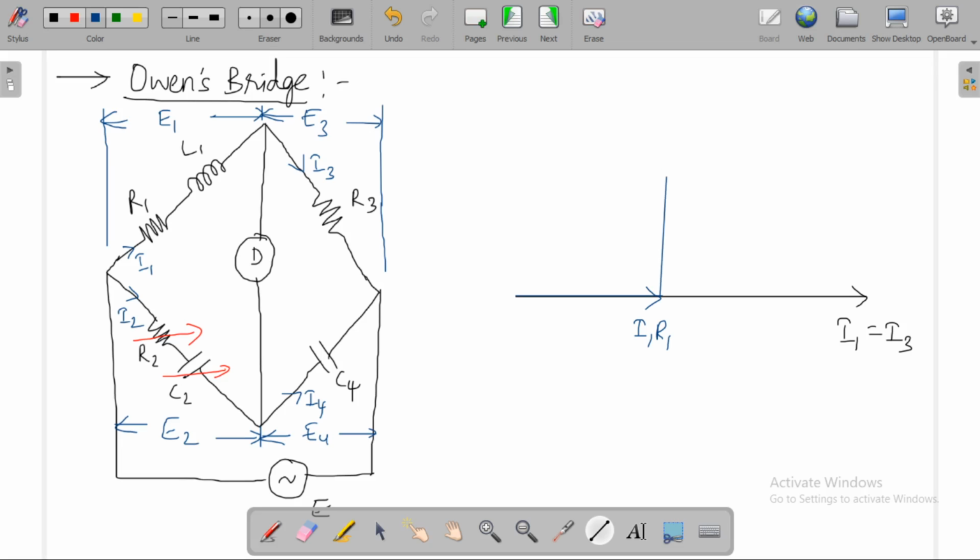Voltage across an inductor leads current by an angle 90 degrees, so this will be I1 omega L1. The phasor sum of these two is E1.